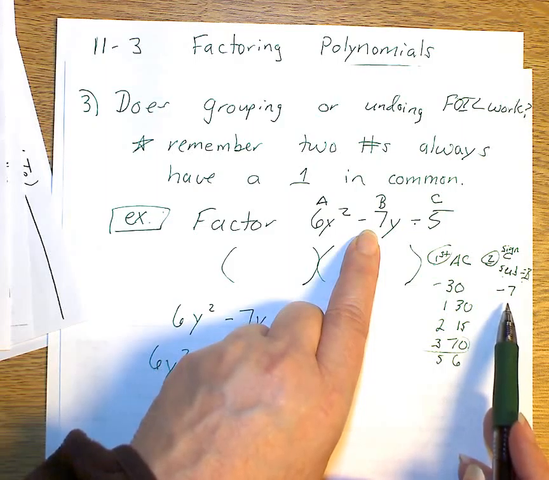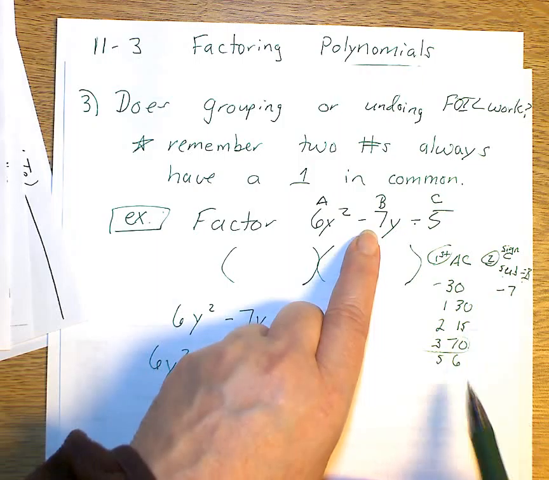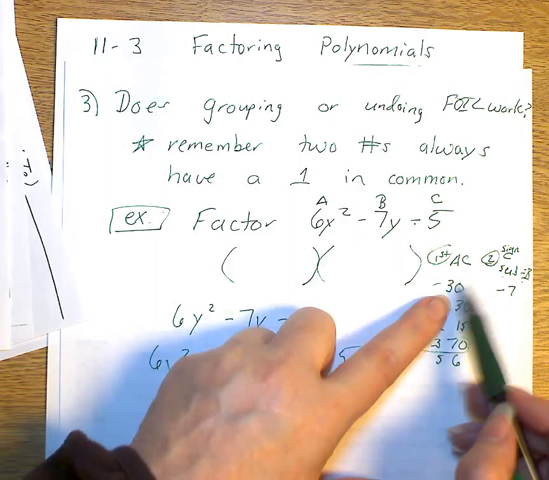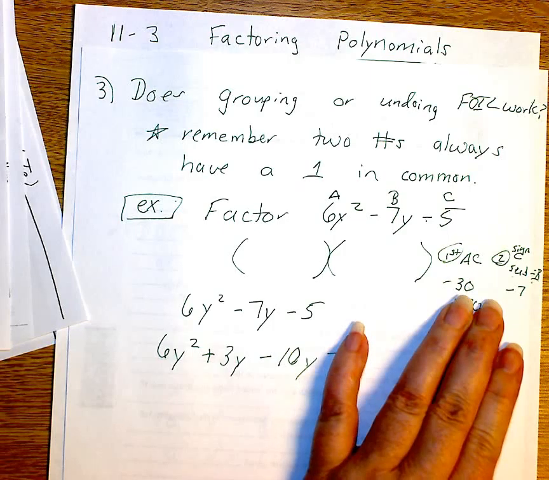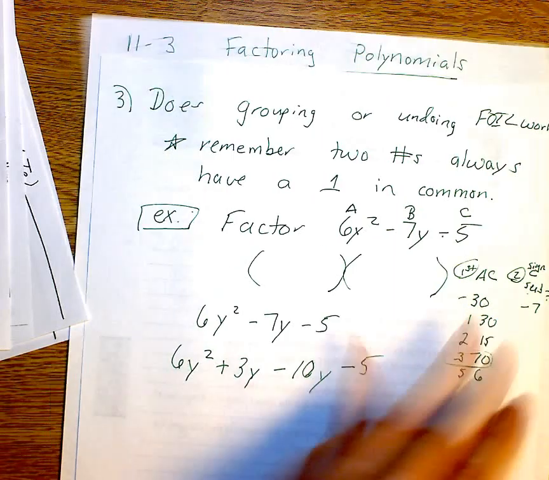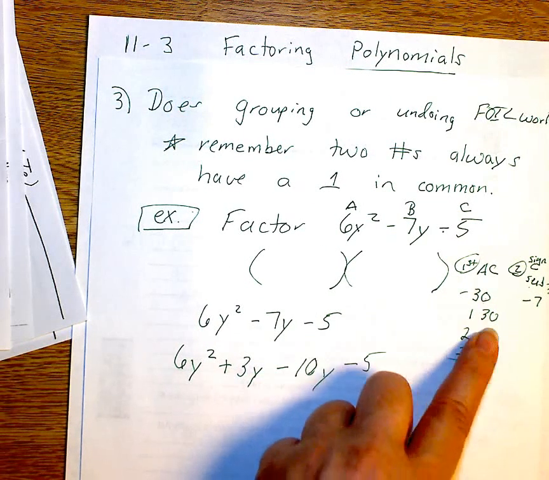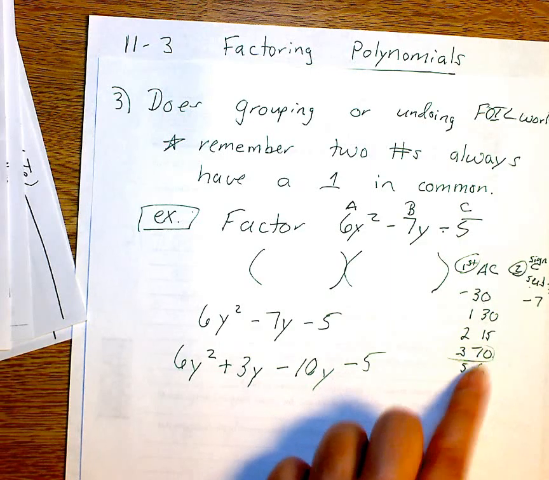Yes for that part? What part do you not understand of that? Where did you get 15 from? Tell me two numbers that multiply together to give me 30. 1 and 30, 2 and 15, 3 and 10, 5 and 6.